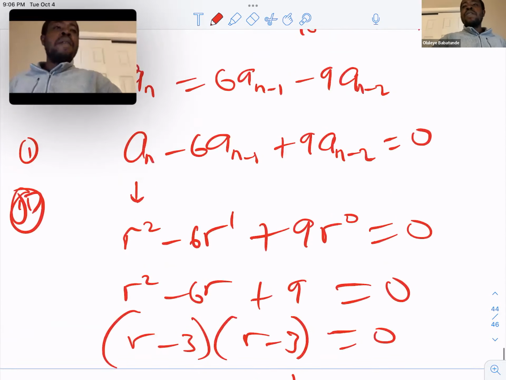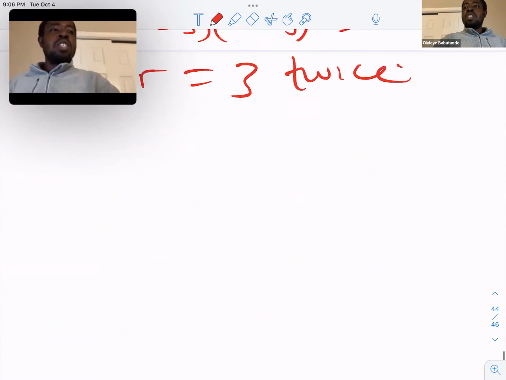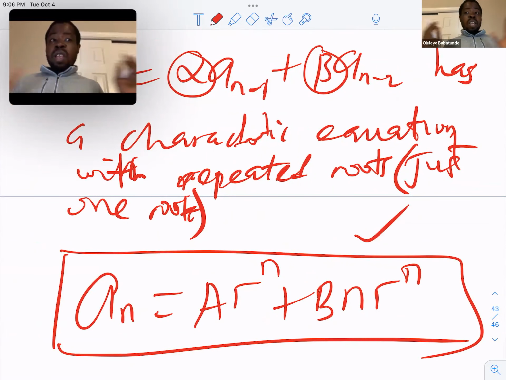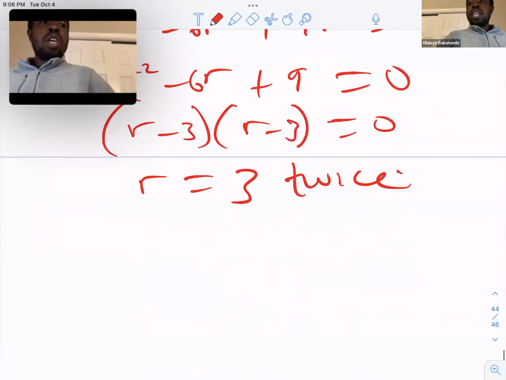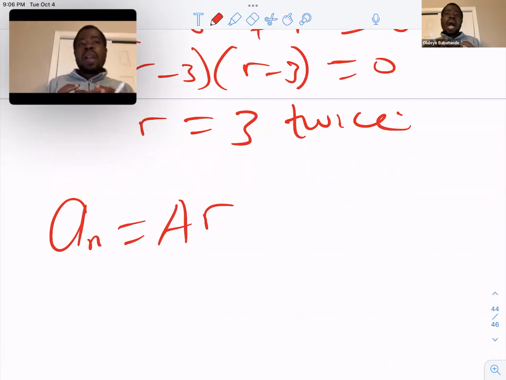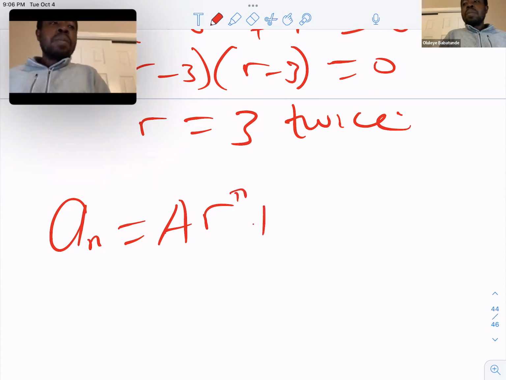When you have equal roots, the technique tells us to use this solution: a_n equals uppercase A r^n plus B n r^n. Now, I am not going to use r_1 and r_2 because we have the same root; I'll just use r and r.